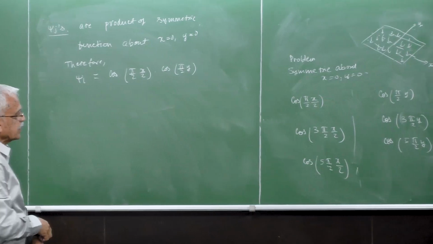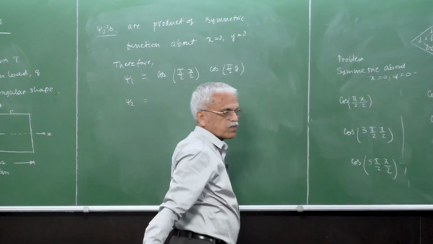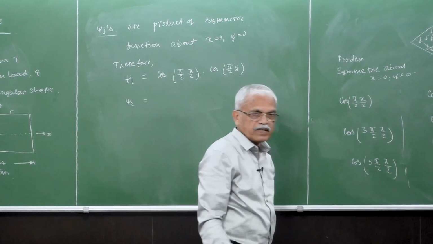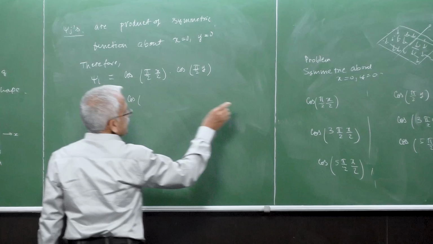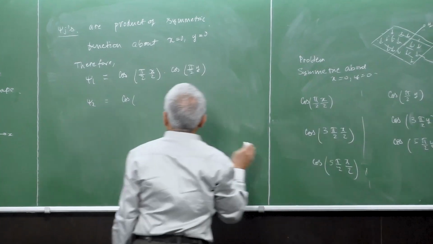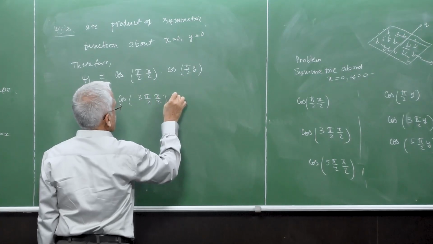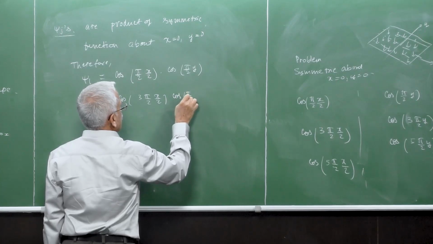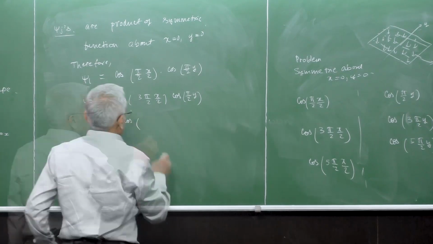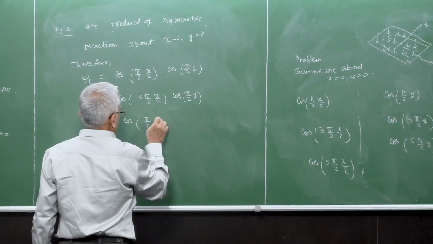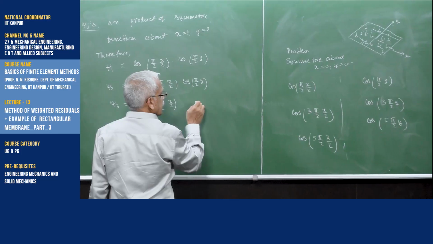So this is the first term, and the second term will be, in fact, all possible products of these two will be a trial set. So we can take the product of this with this one, and psi 3 is cos pi by 2, x by 2 and cos.